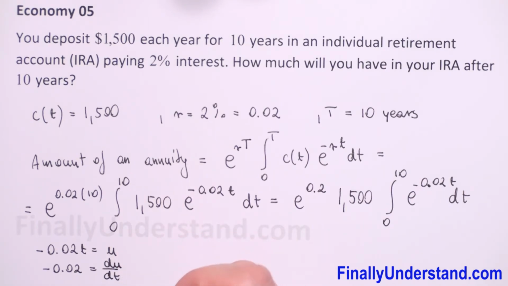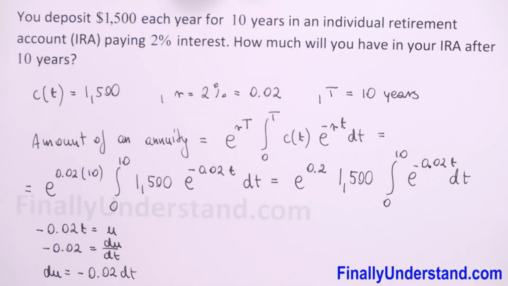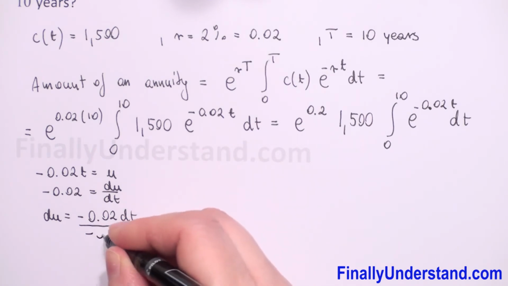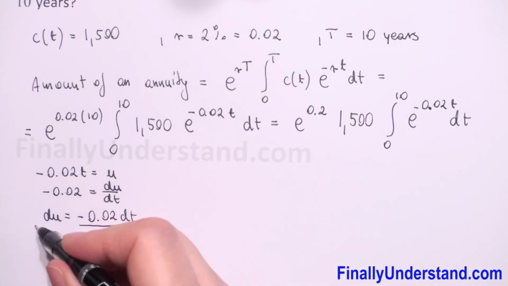Now we multiply both sides by dt, so du is equal to negative 0.02 dt. Because in our example we have only dt, I will divide both sides by negative 0.02.